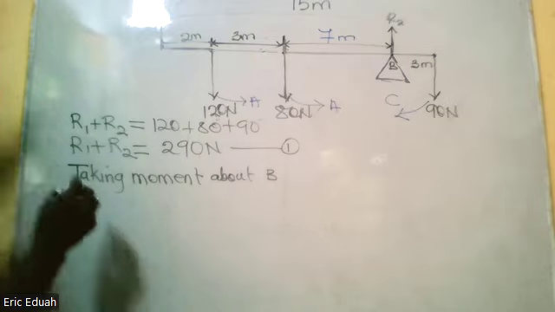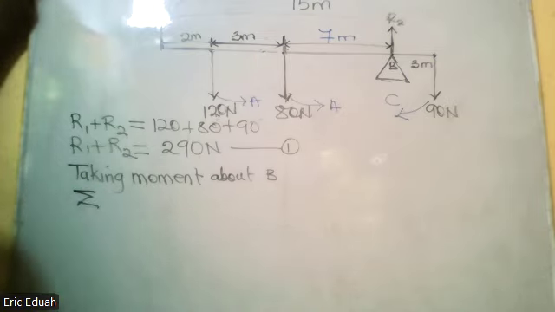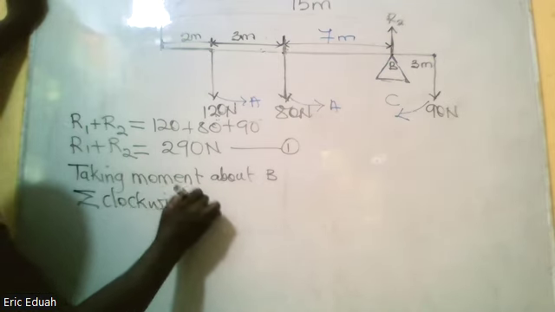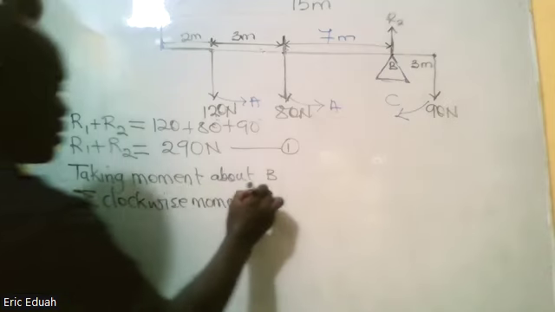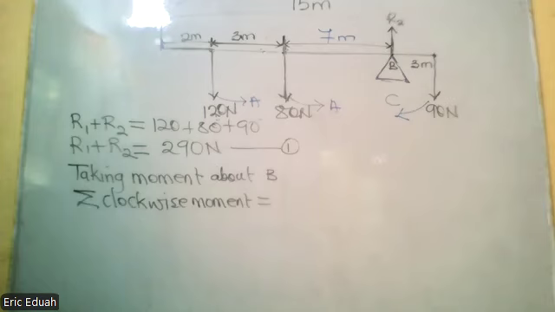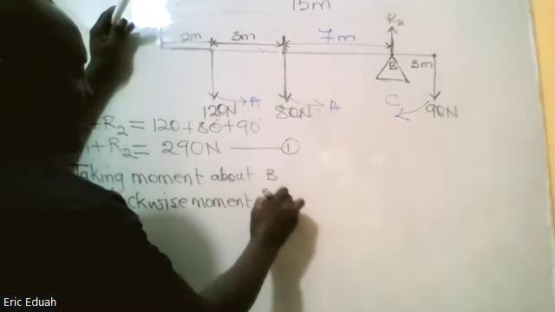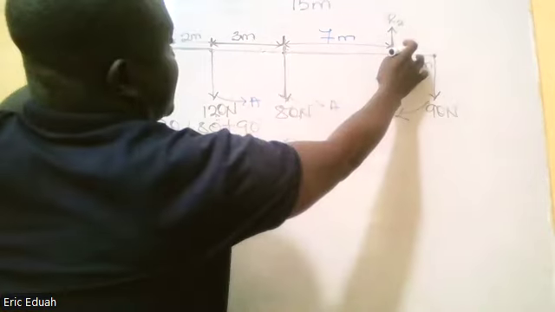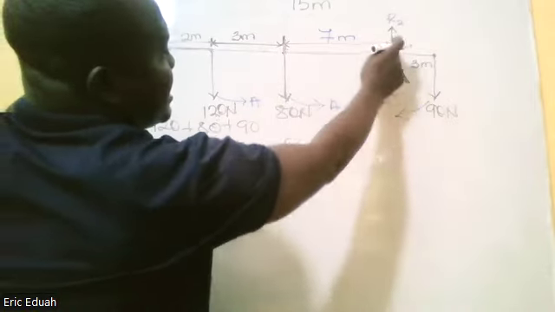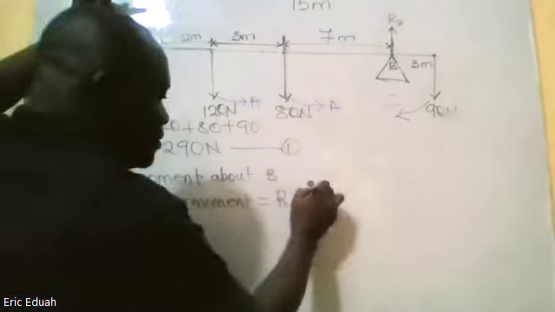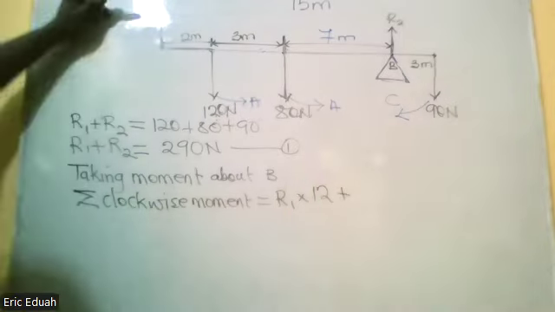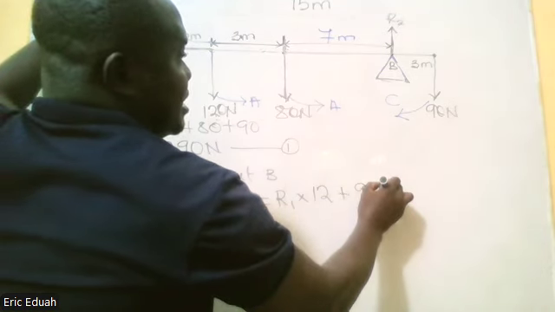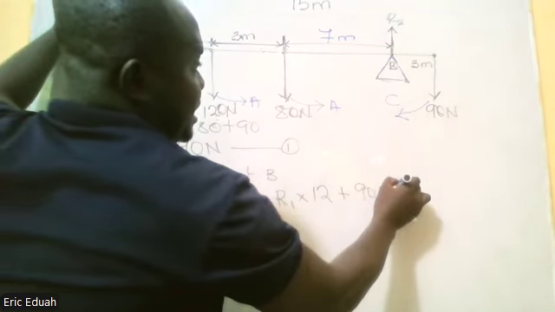All right. So let's determine the sum of clockwise moments. The sum of clockwise moments, we have R1 times 5 plus 7, which is 12, plus, this is also giving us clockwise moment, 90 times 3.